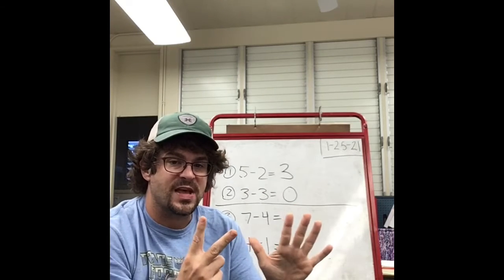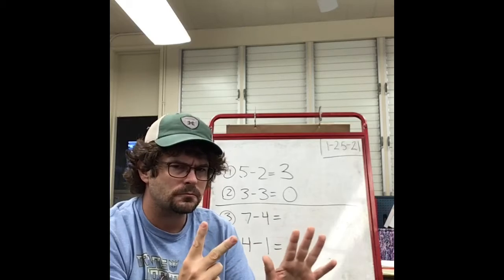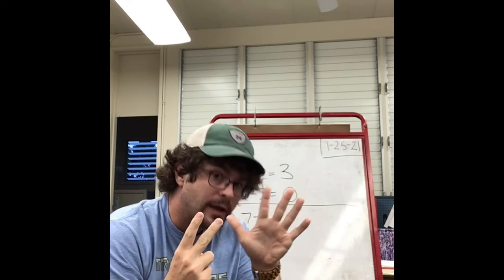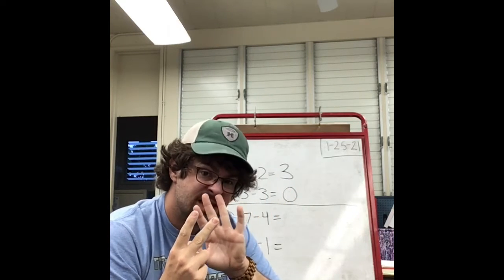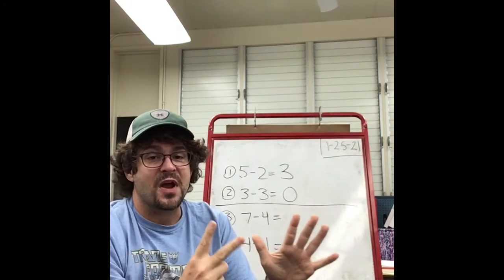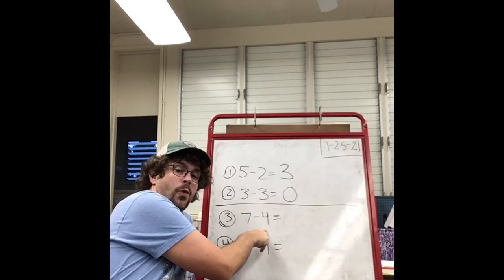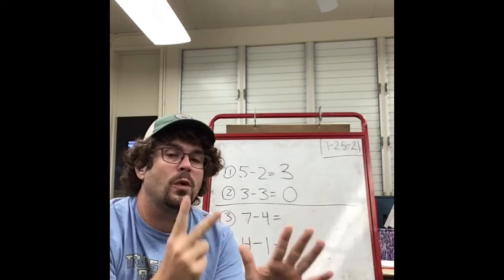You have to make a 7 with 2 hands. So 5 plus 2 equals 7. 1, 2, 3, 4, 5, 6, 7. If we're going to take this away, we got to keep track of how many we're taking away. This one says 7 minus 4. So we have to take away 4 fingers.